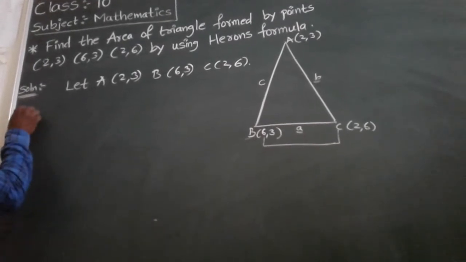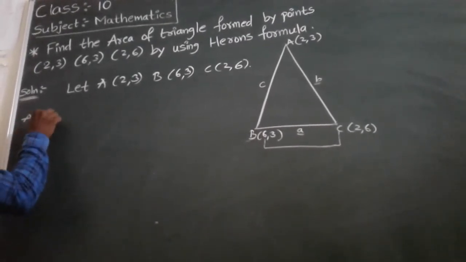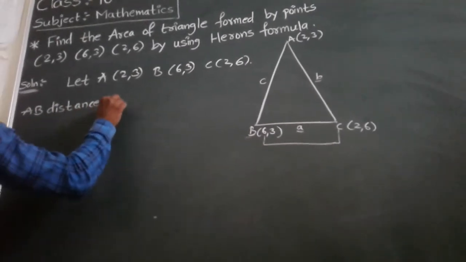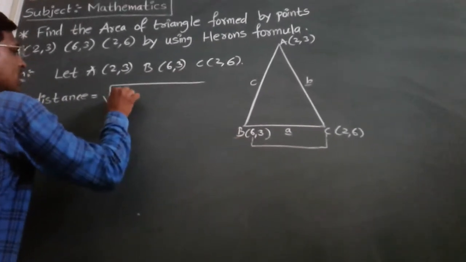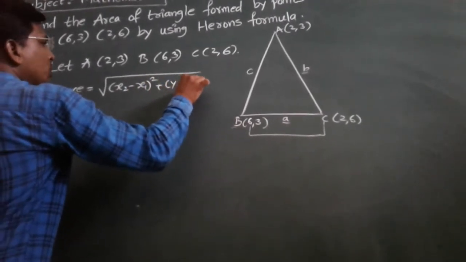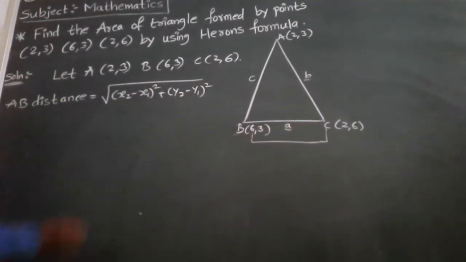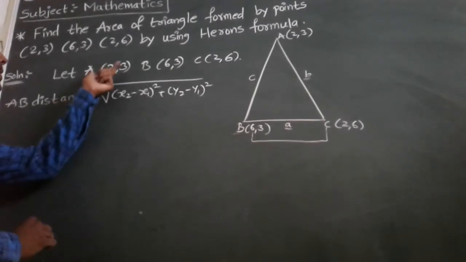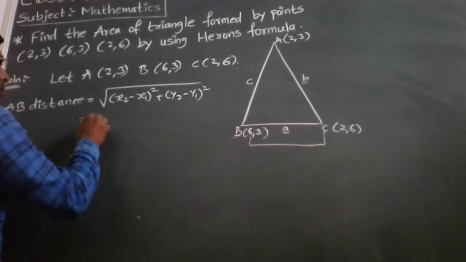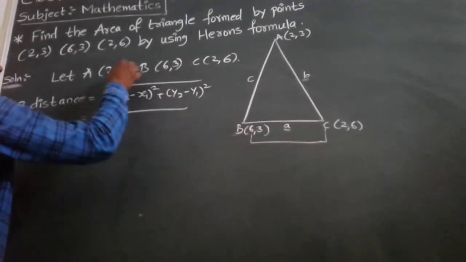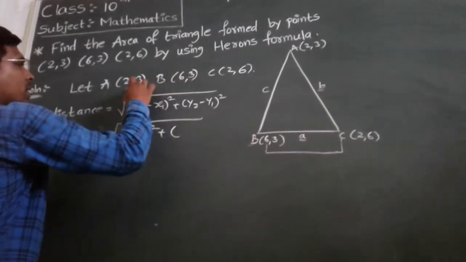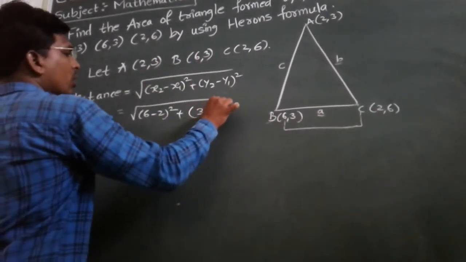First apply the distance formula for AB. What is the distance formula? The square root of (x2 minus x1) whole square plus (y2 minus y1) whole square. Between A and B, observe x1, y1, x2, y2: (6 minus 2) whole square plus (3 minus 3) whole square.